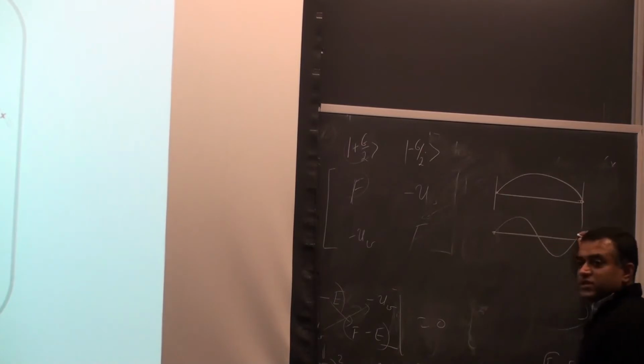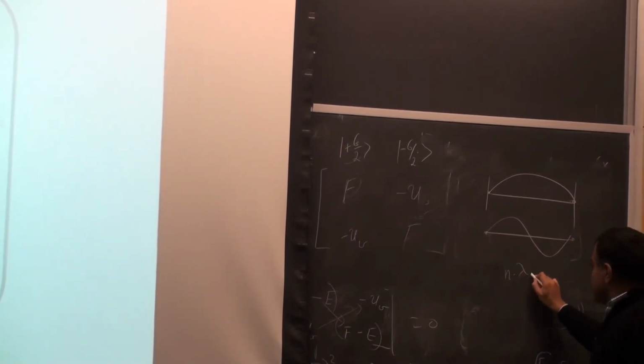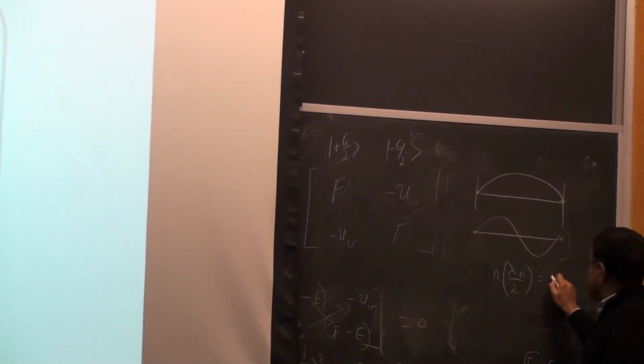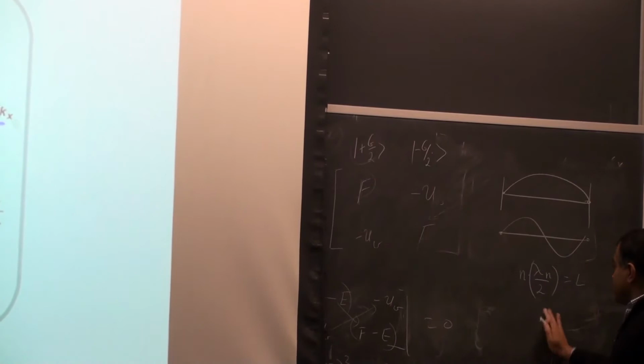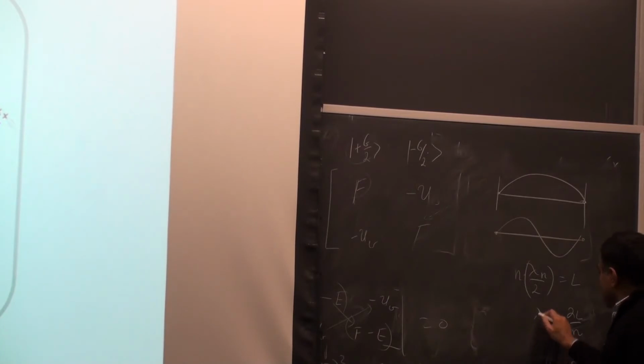That's why you get n times some half wavelength that must fit the length, right? And from here you get lambda n is 2L over n, and k is 2 pi by that, so you get pi over L times n, right?